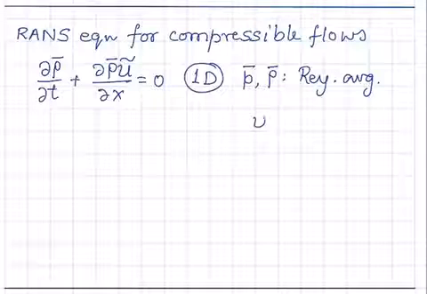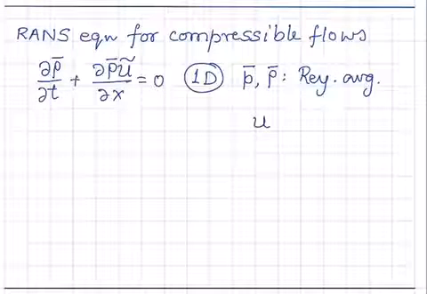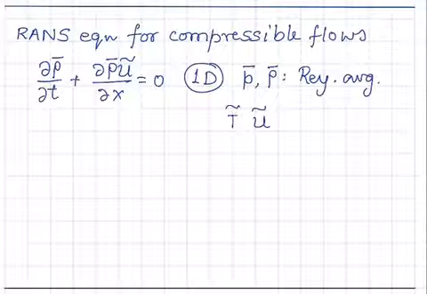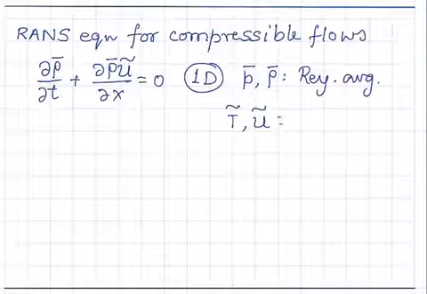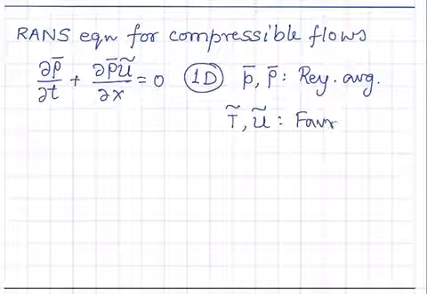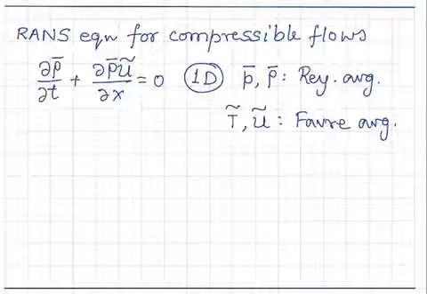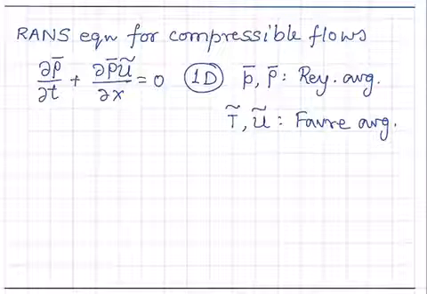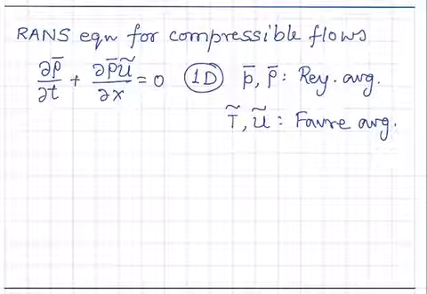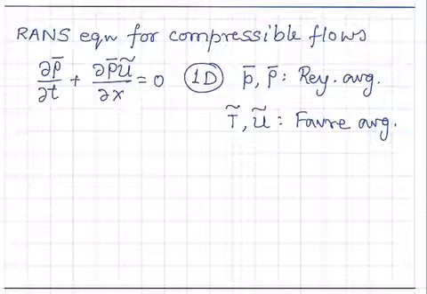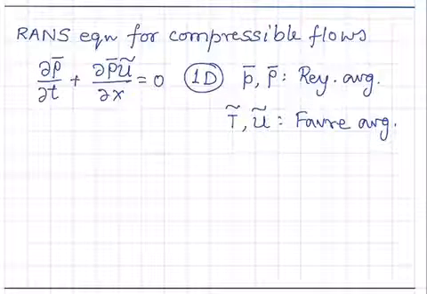On the other side, the velocity components U, V, W in a general flow, and temperature, have a tilde on top, which represents Favre averaging. It is a different kind of averaging where density is used to weight the averaging procedure, and it is done to account for the variation of density in a compressible flow.